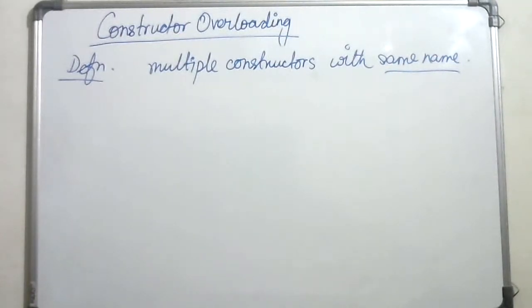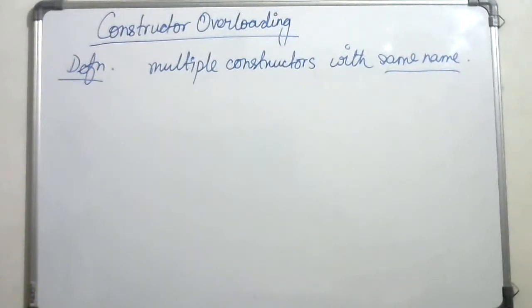So if you write more than one constructor, it will obviously have the same name. By hard and fast rule, it will always have the same name because the constructor name is the same as that of the class name.